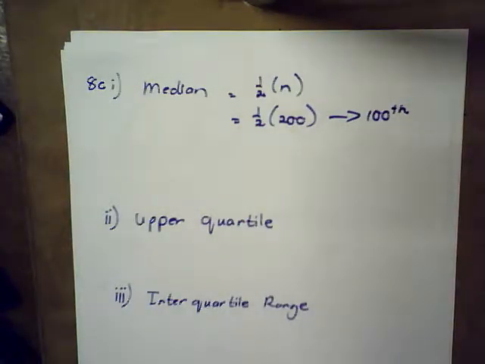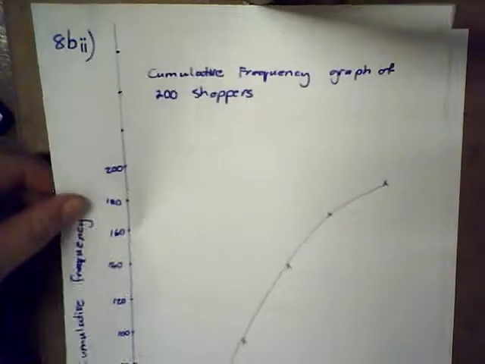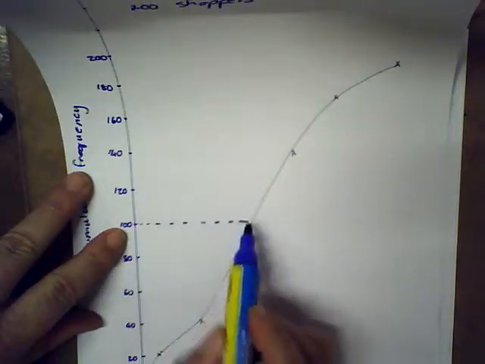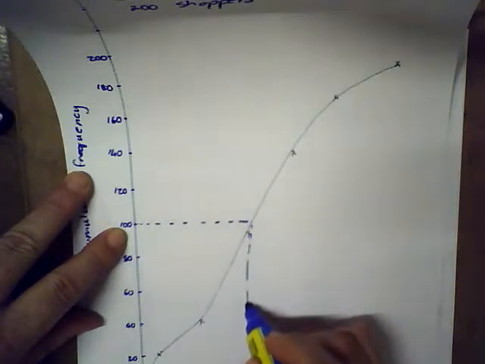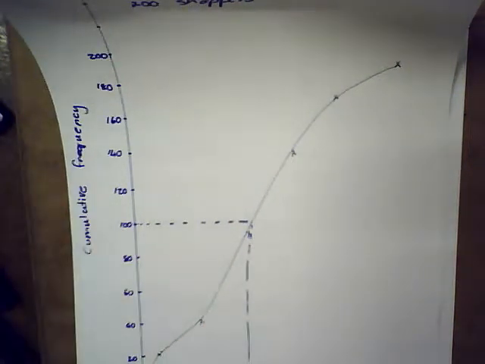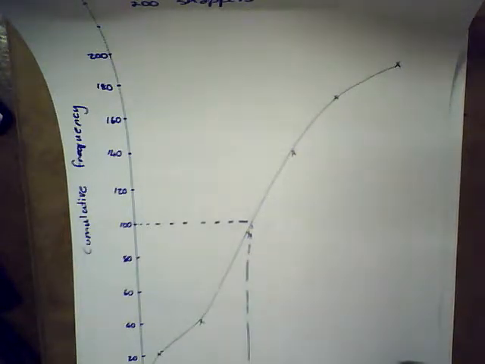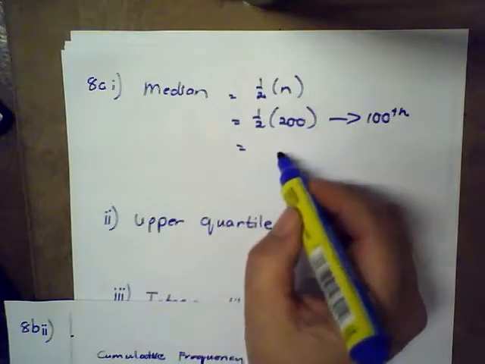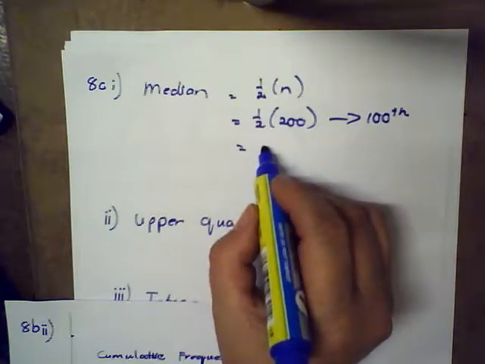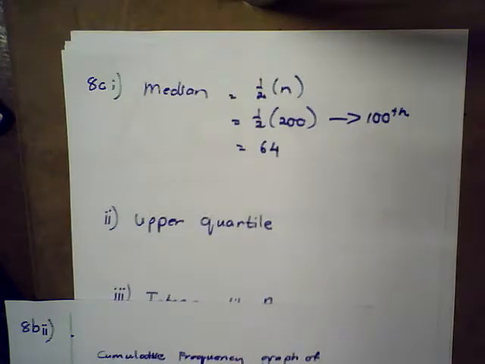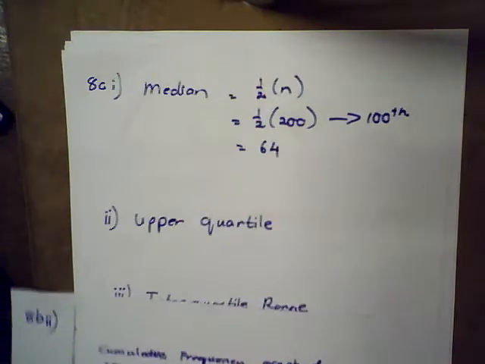Okay, if I look down on what is my 100th number there, I get something. Well, my grid could be a little bit skew there, but about 65 or 68. Okay, so I get, oh wow, could be about 64 there if I look at it a little bit neater, about 64. Okay, good.